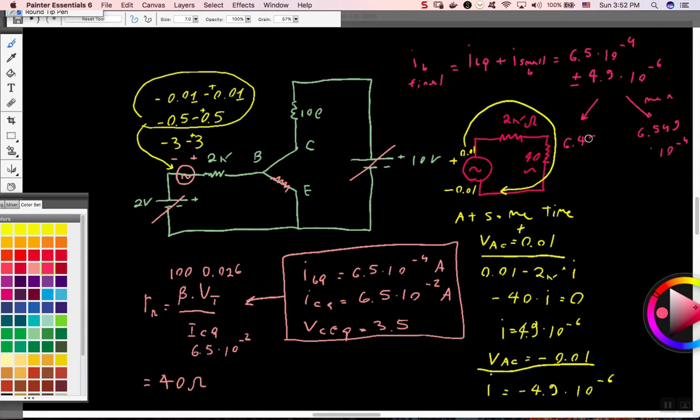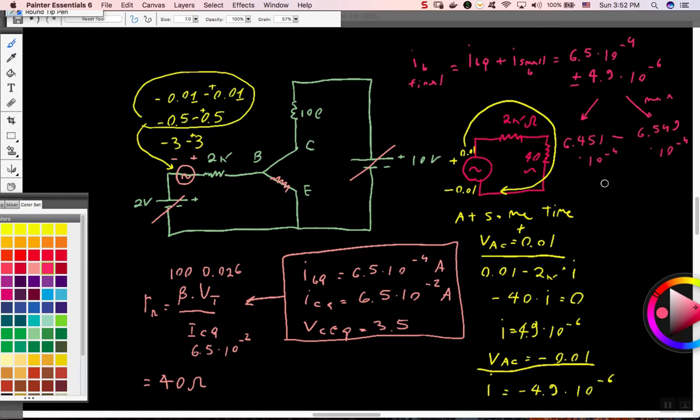That sounds right to me. So this is the range that the IB final takes. It goes between that value and that value.